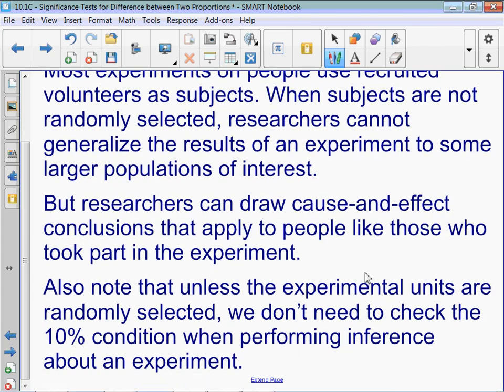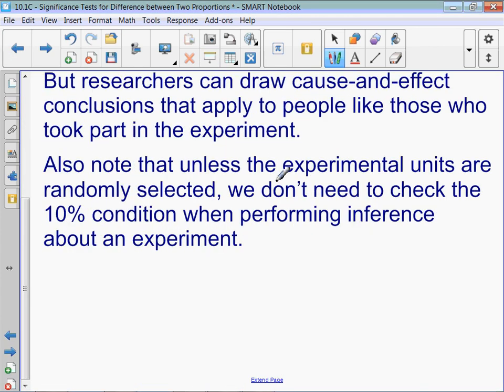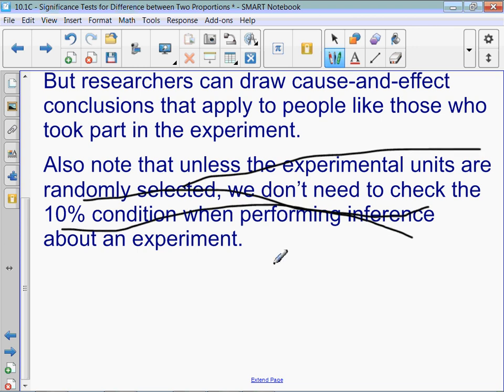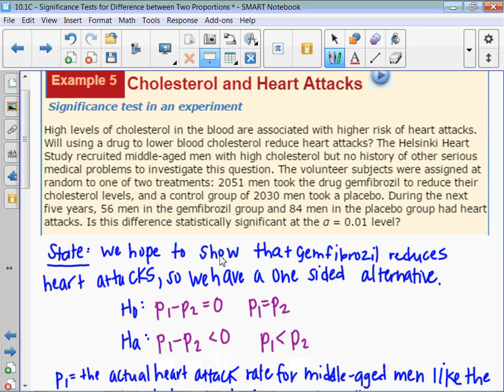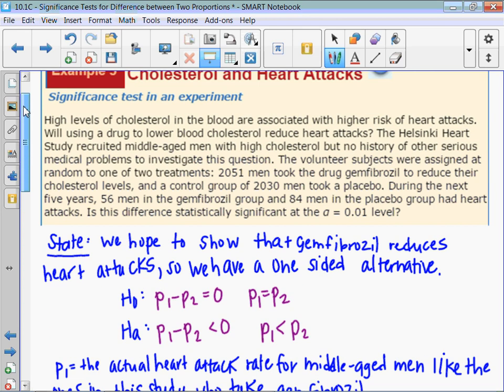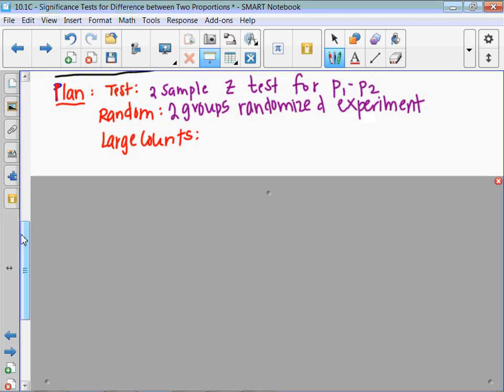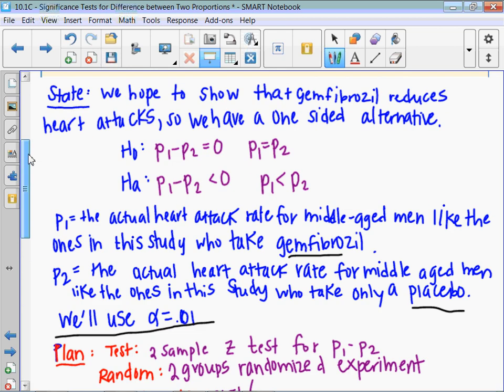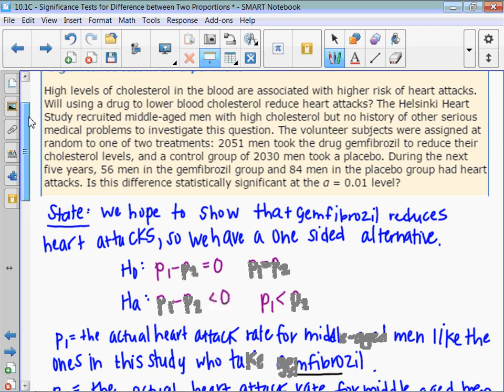Note, unless the experimental units are randomly selected, we don't need to check the 10% condition. We did not randomly select our people, so we don't need to check the 10% condition. However, we do need to check for large counts. We can take a shortcut here, because if I multiply the number times the fraction we're looking for, for example, we have 2051, and how many of those had heart attacks?